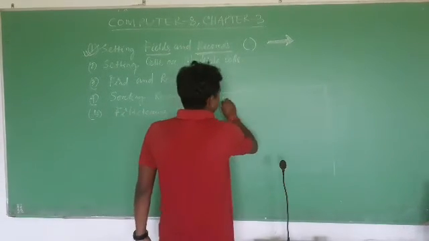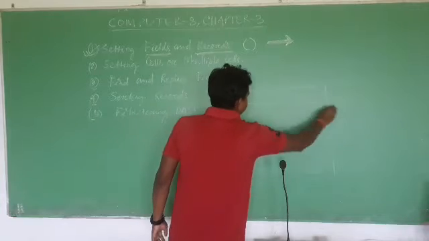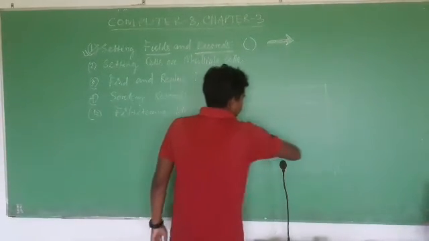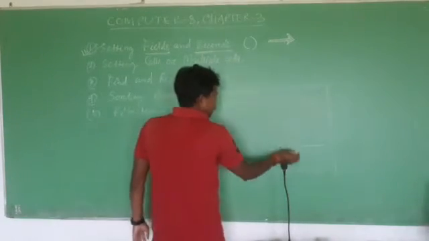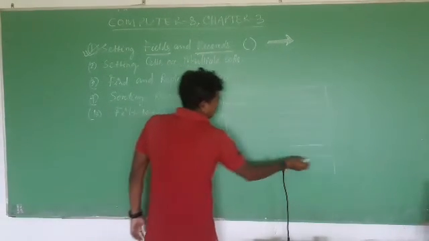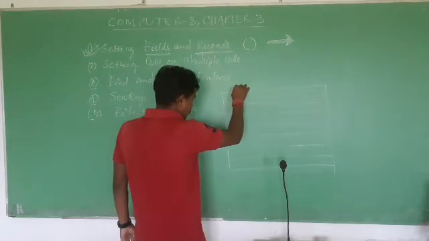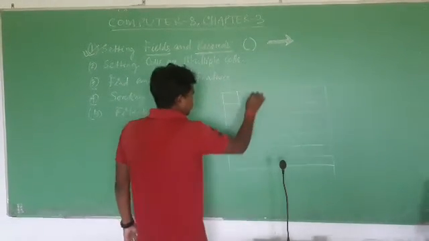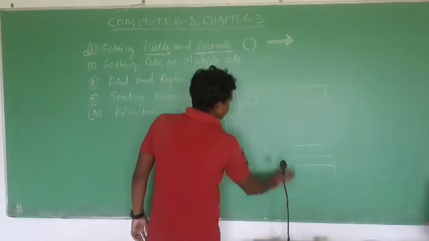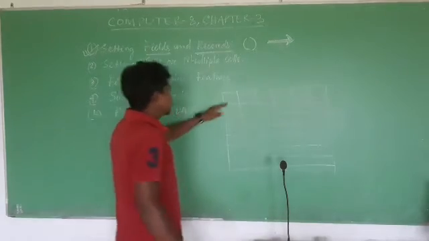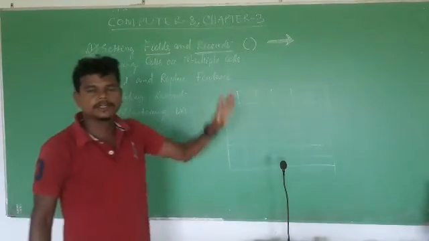It has vertical lines, and they are cut by horizontal lines, and each section that you could see here is called a cell.